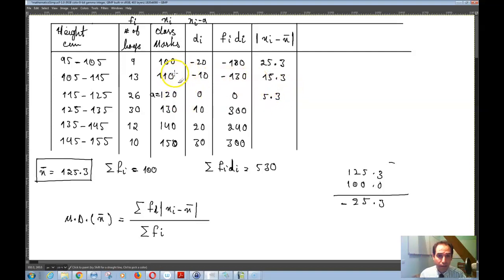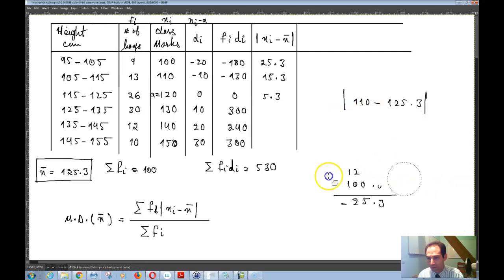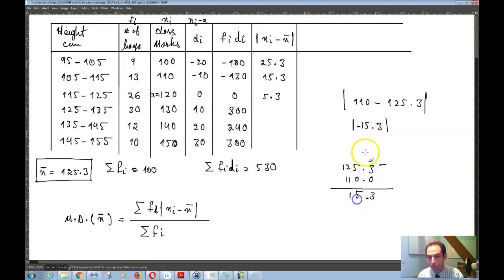If you have 110 minus 125.3, and you take the absolute value of that, you can write that as 125.3 minus 110, and that would give you 15.3, with a negative sign, of course. So the absolute value of negative 15.3 is equal to 15.3.